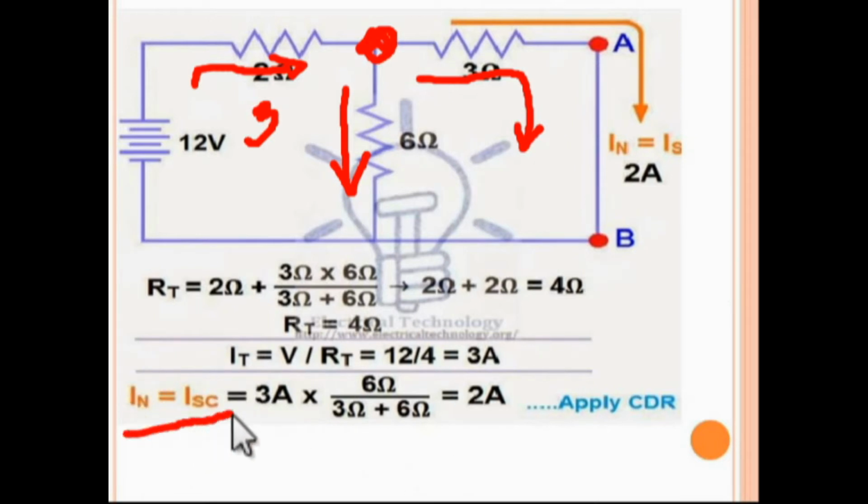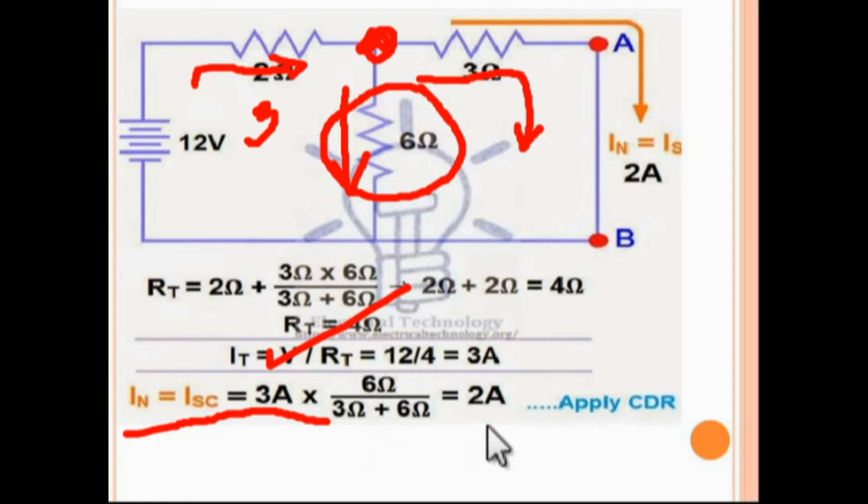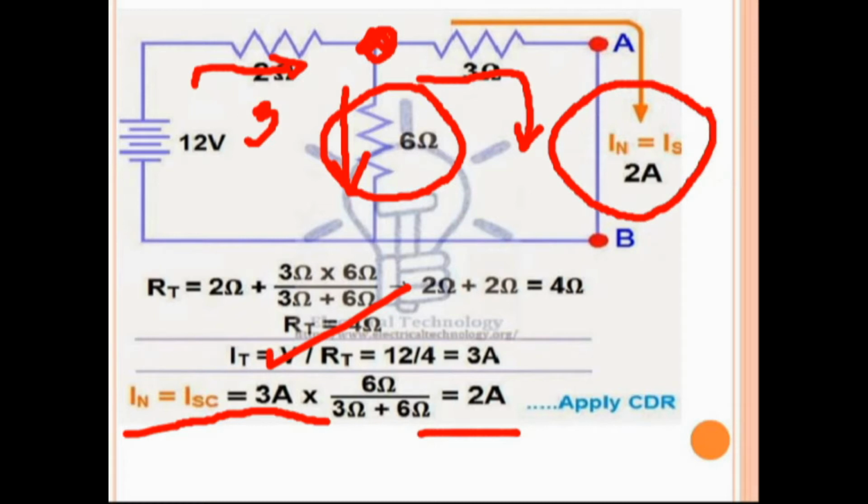Apply current division: total current times the opposite resistance 6 ohm, divided by 3 plus 6. So it will become 2 ampere. So the Norton's current or short circuit current will be 2 ampere.